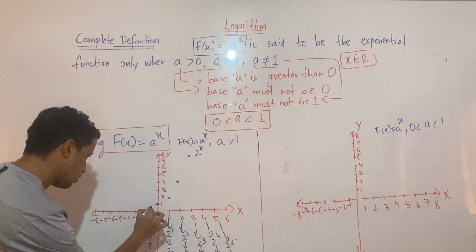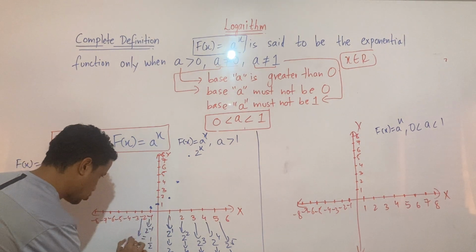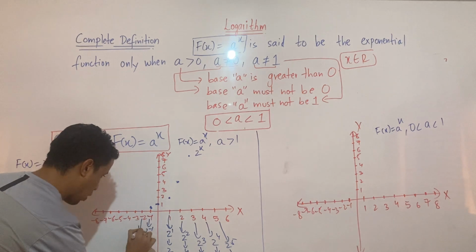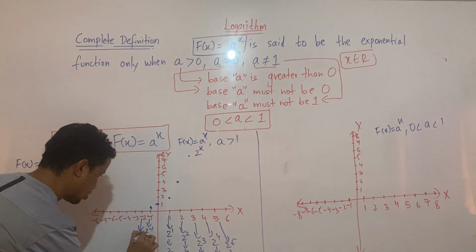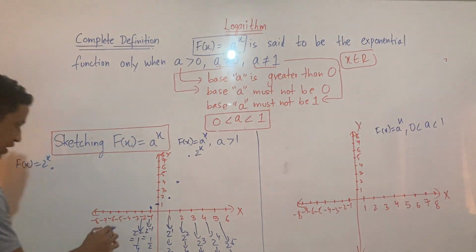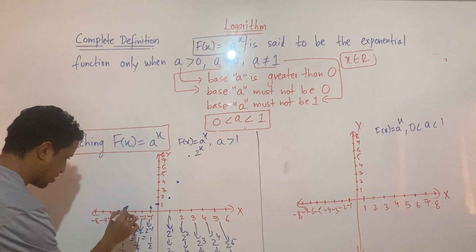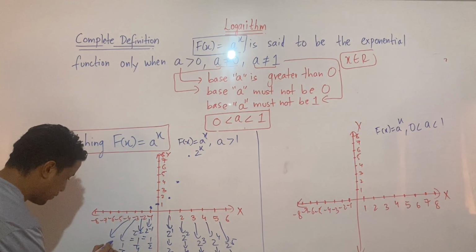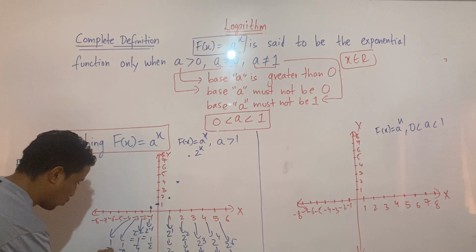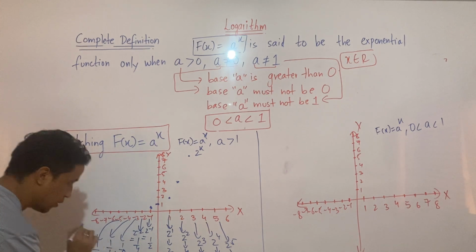Then if you take -2, y is going to be 2 raised to the exponent -2, means 1 by 4. Then for -3, it's going to be 1 by 8. For -4, the value of y is going to be 1 by 16. For -5, it's going to be 1 by 32.